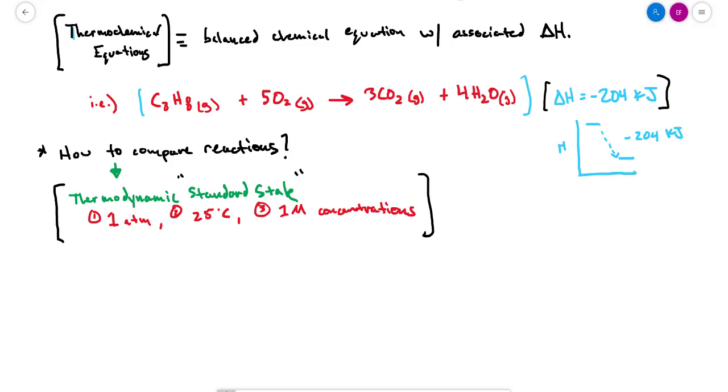So if we don't have a pure substance, we're going to assume that's 1 molar. And we're going to call this type of enthalpy under thermodynamic standard state. We'll say that the delta H here is going to be denoted by this degree symbol. That degree symbol indicates that the change in enthalpy is conducted or measured under the standard state.